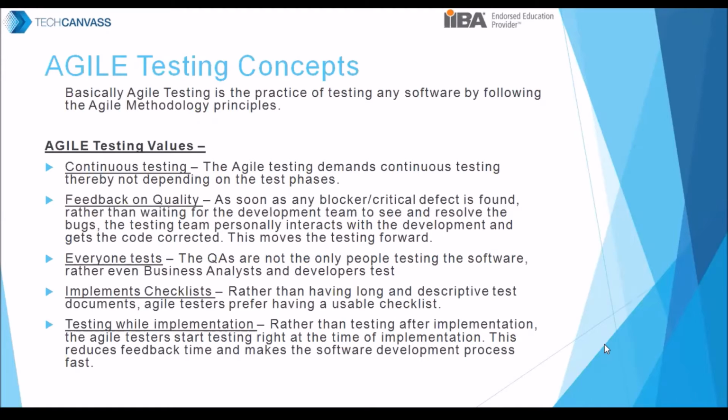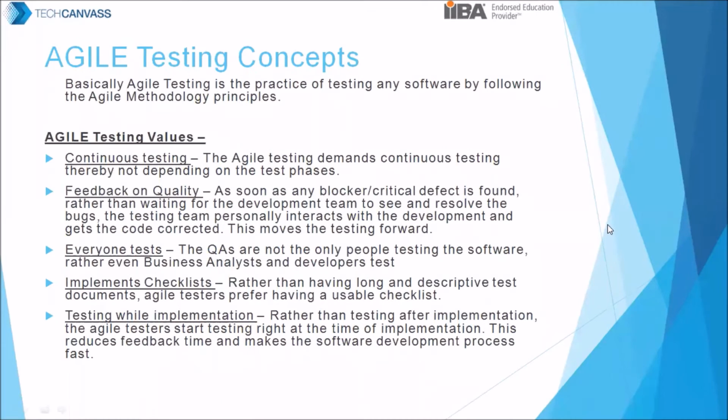The business analyst may get some changes while the implementation is in progress and they are testing. So they can ask the development team, okay, make such and such changes. The testing team is told they can make the changes in their checklist, because making changes in a checklist does not require much time. Okay, so this way testing while implementation helps.